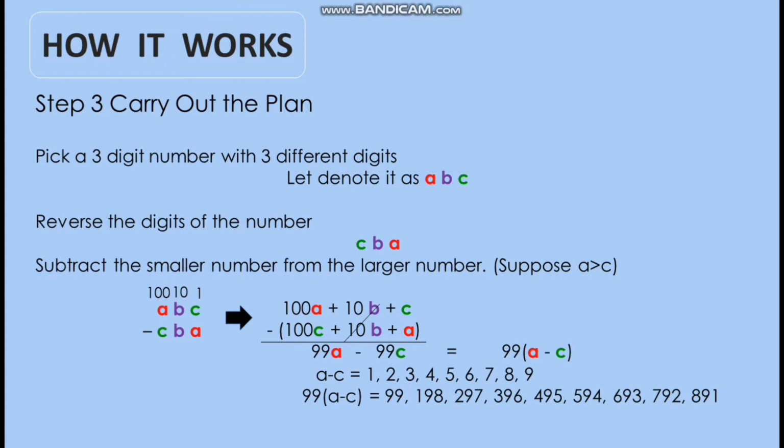So, if mapapansin ninyo, kapag in-add natin yung every single result na yan, mag-equal sila sa 18. For example, 9 plus 9 is equal to 18. 1 plus 9 plus 8 is equal to 18. 2 plus 9 plus 7 is equal to 18. And so on. So, that's the reason why the answer is always 18 for any 3-digit number with 3 different digits.